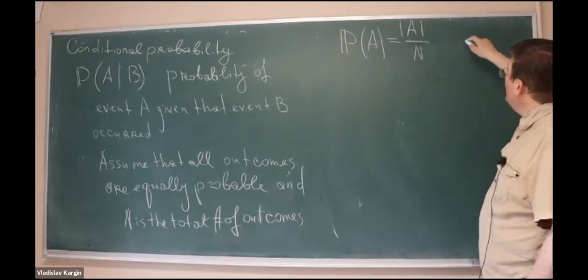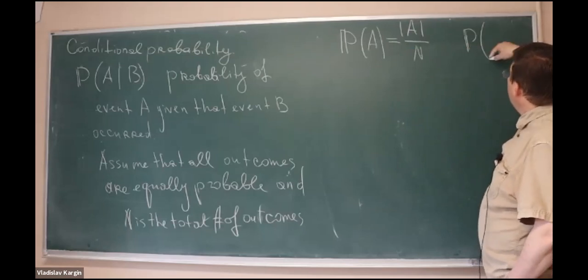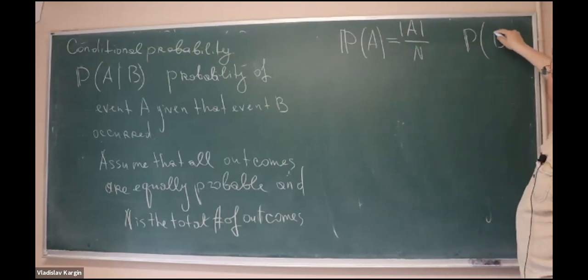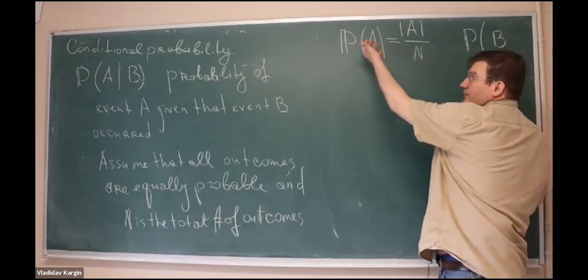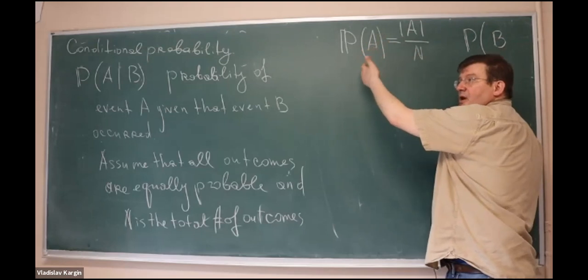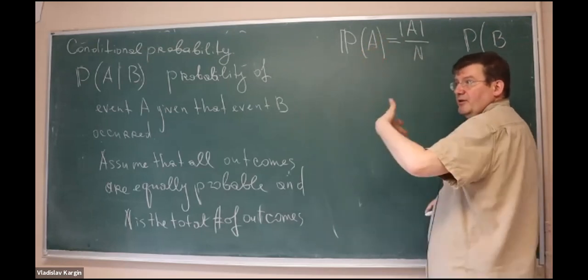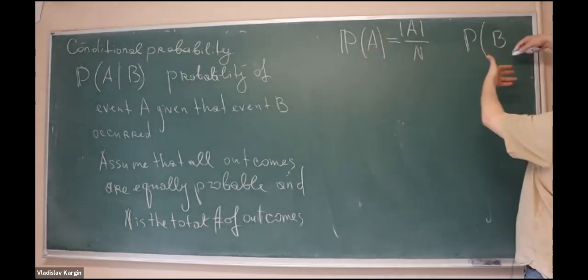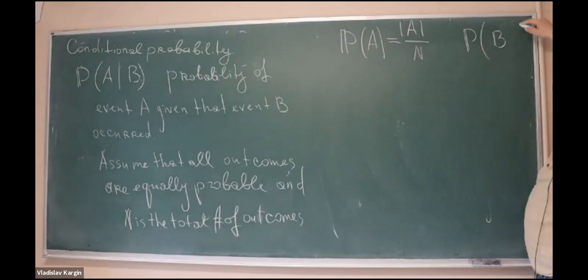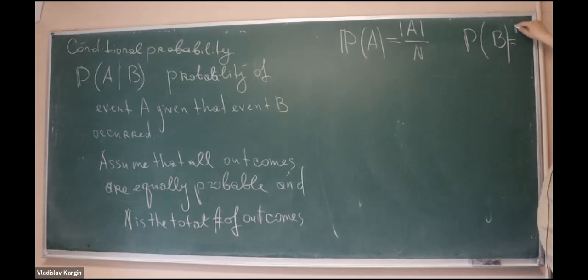And you also have a probability for B. You can think of this as the probability of a full house hand of your partner, the other player, and this is the probability of a full house in your hand. So this would be B divided by n.